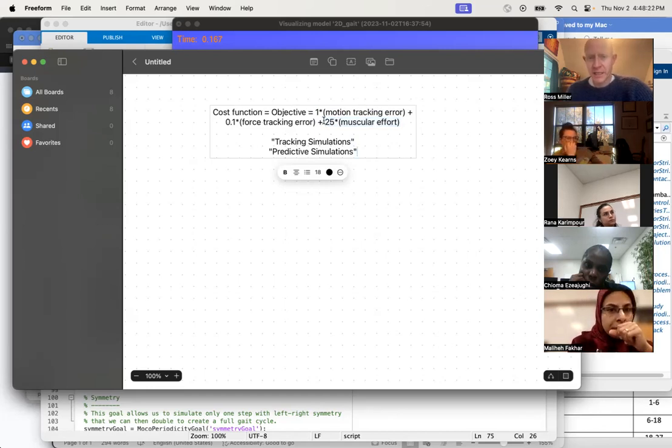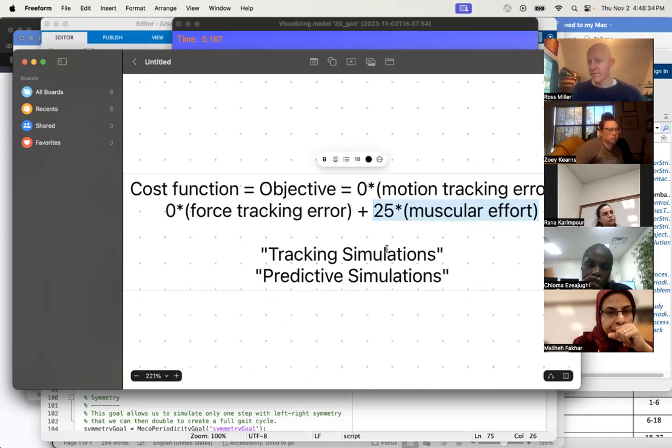A predictive simulation has just that muscular effort term. So think about it as setting literally 0 weight to that tracking. That would just say, move in whatever way you can that minimizes the amount of muscular effort, regardless of how closely you track this target data, this target motion, and regardless of how closely you track these target forces, right? And so that's a predictive simulation.